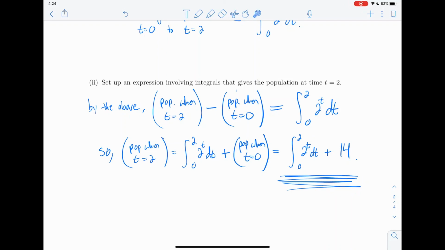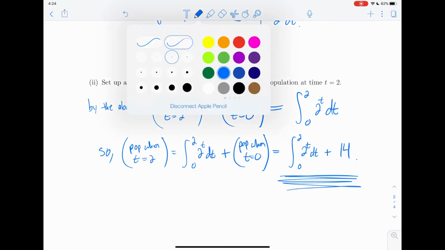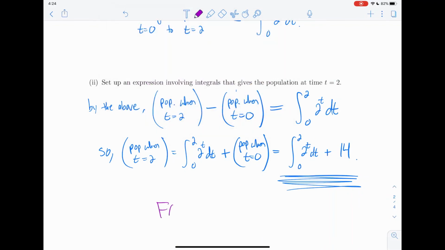Now, if you wanted to frame all of this in terms of antiderivatives, of course, these quantities, this population and this population, would be rewritten as something like capital F of 2 minus capital F of 0. You'd probably end up writing it this way. You'd say capital F of 2 minus capital F of 0 is equal to the integral from 0 to 2 of 2 to the t dt.